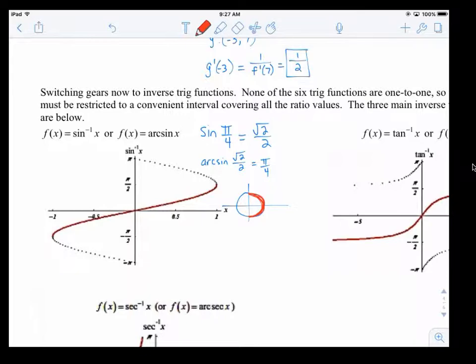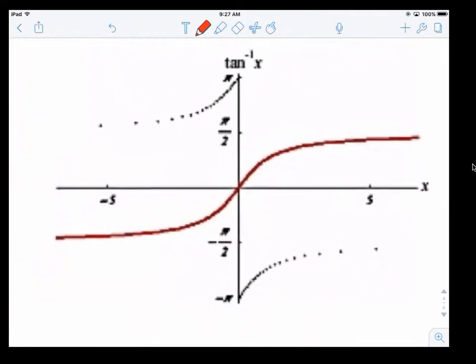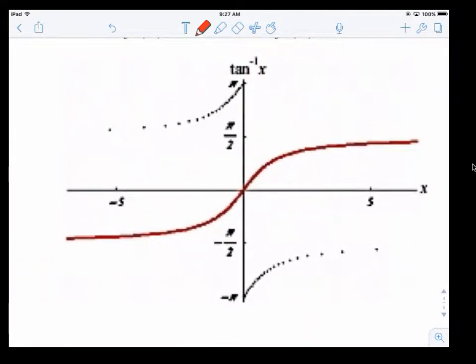Cosine's kind of the same thing. Tangent, you can plug in really whatever you want, and then your range will just be from negative pi over 2 to pi over 2.